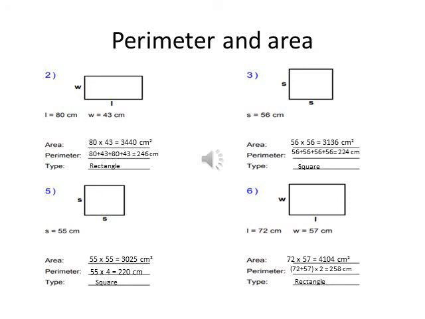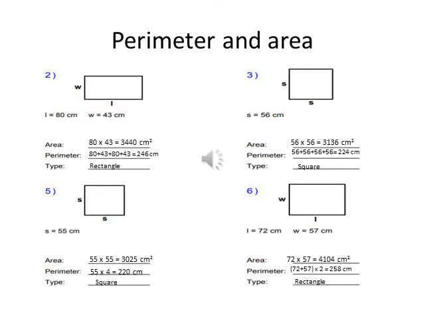And question number 4, you will find out that it's a rectangle with the length equal to 72 centimeters and width equal to 57 centimeters. So the area is 72 times 57, which equals 4,104 squared centimeters. And the perimeter, I get it here in another way.